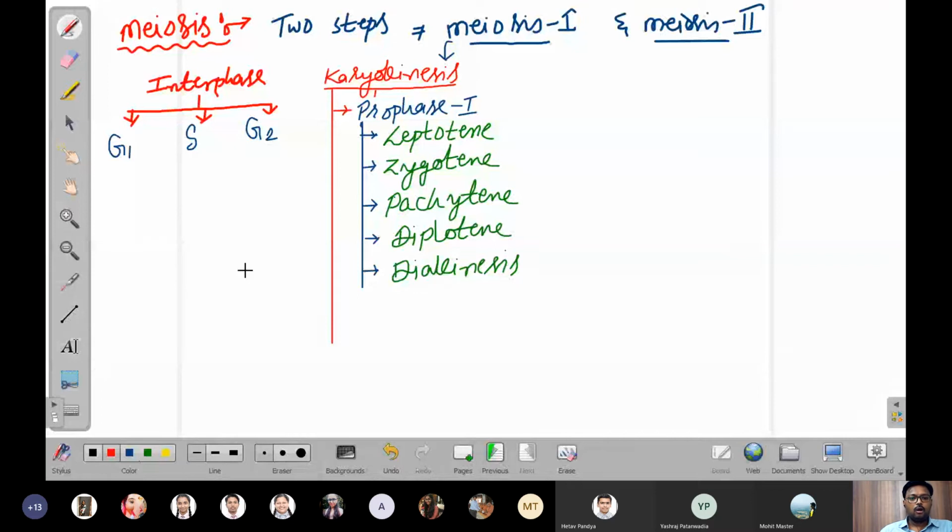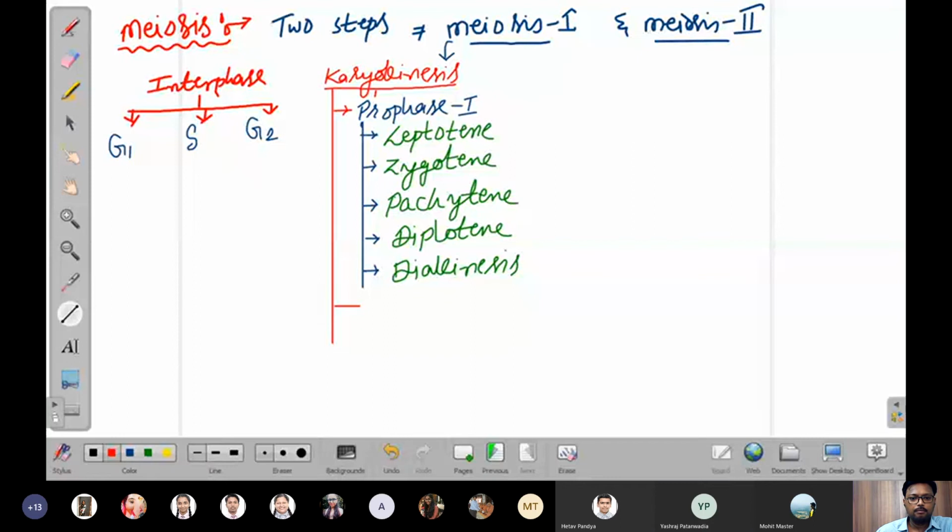Now all these are denoted with 1, though we need not mention it here because we'll explain later. Leptotene, zygotene, diplotene. Next, after completion of prophase, what will take place?